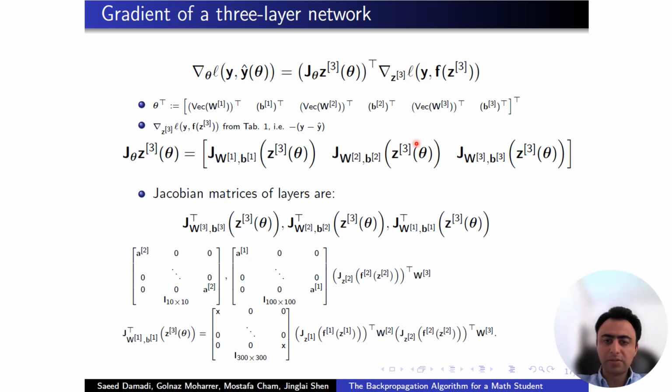We calculate this gradient from the table easily with this. We notice that theta is the vectorized version of all the parameters, and then we have three terms inside the Jacobian. The last one is for the first layer that has more matrix multiplication. This is the second one, and this is the first one, which is very similar to the first layer, as we already mentioned.